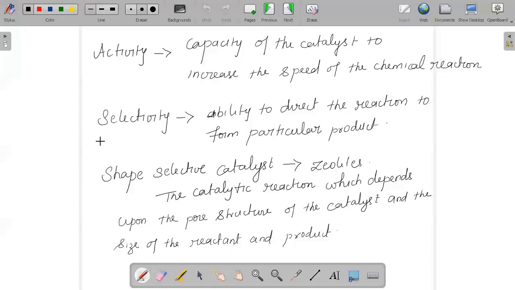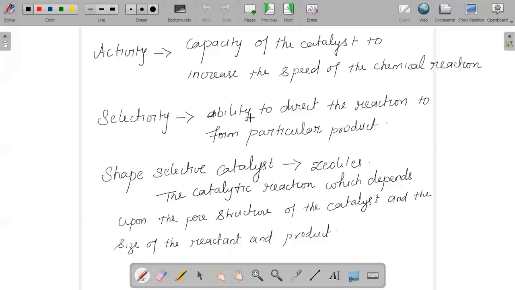And the second concept is selectivity. We should always remember that for any reaction to take place, we cannot use just any random catalyst. For a particular reaction, a specific catalyst suits that reaction and it should be used. Hence, selectivity is a concept of a catalyst.